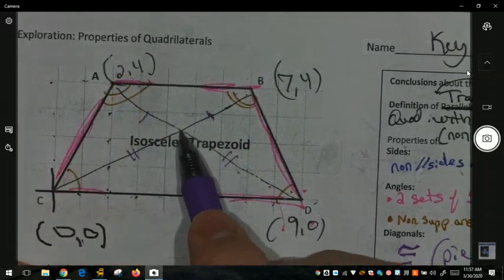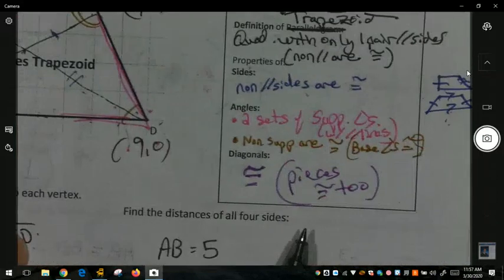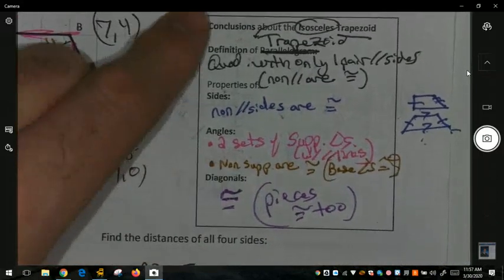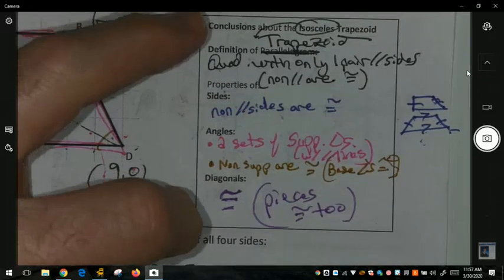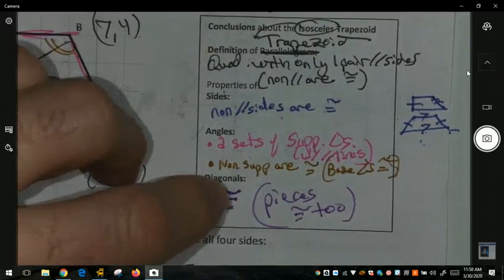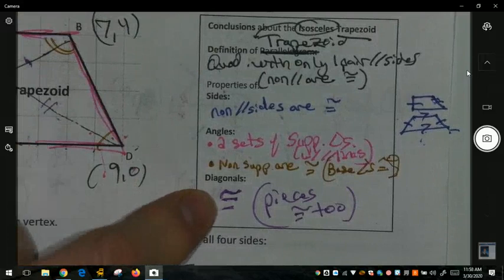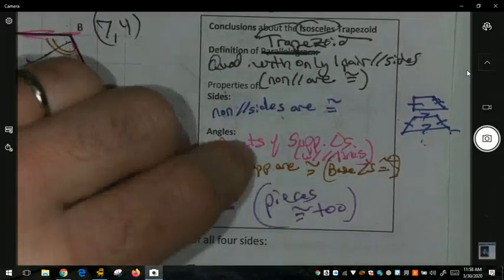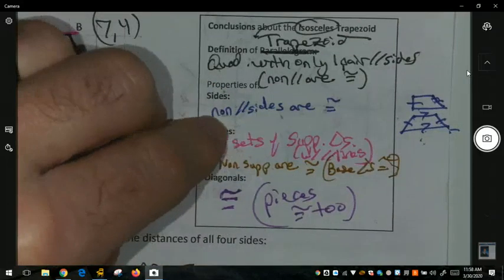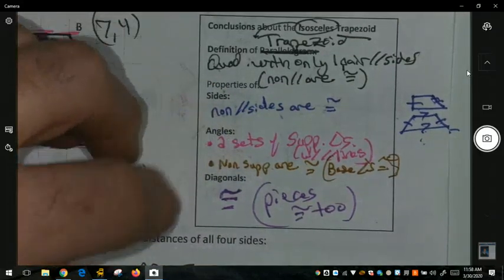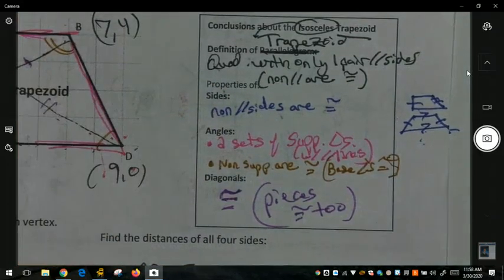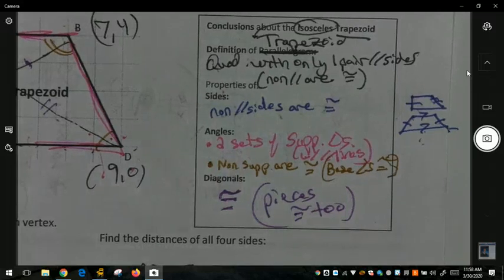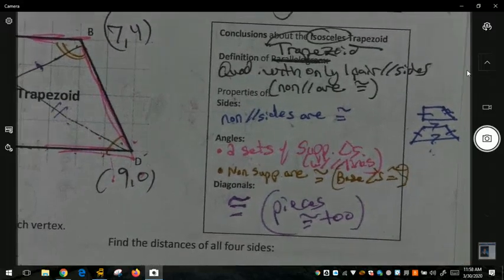These two are not the same though, because that is not the midpoint. So this is the little conclusions box for our isosceles trapezoid. Some of this, the fact that the diagonals are congruent, we were able to get from our calculations. The fact that two of the sets of sides are congruent, the non-parallel ones, we were able to get from our calculations as well. We're going to transfer these to our flipper in the next video clip.